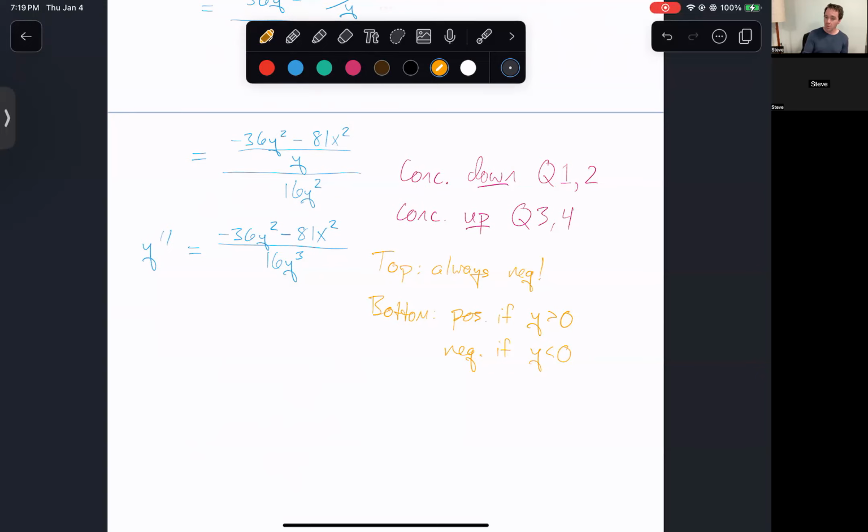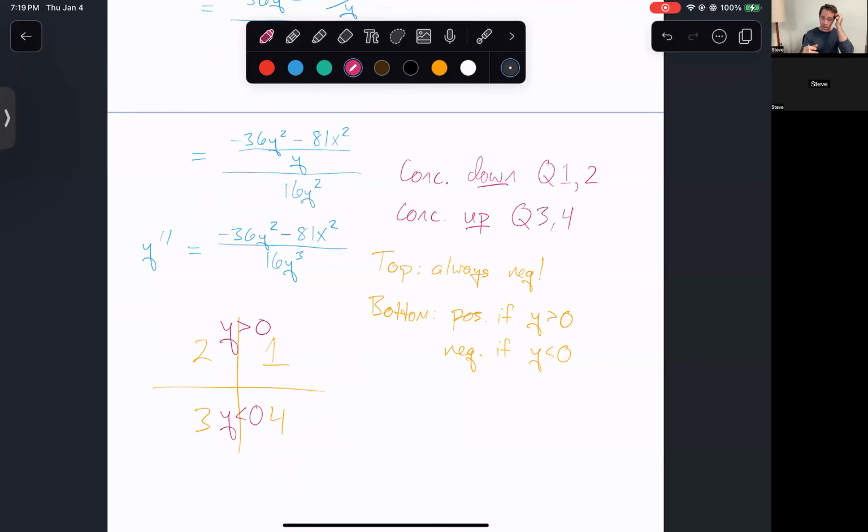Now think about what unifies the first and second quadrants. Quadrants 1 and 2, that's here and here, are unified by the fact that y is positive in those quadrants, whereas quadrants 3 and 4 are unified by the fact that y is negative in those quadrants. These fit together exactly.